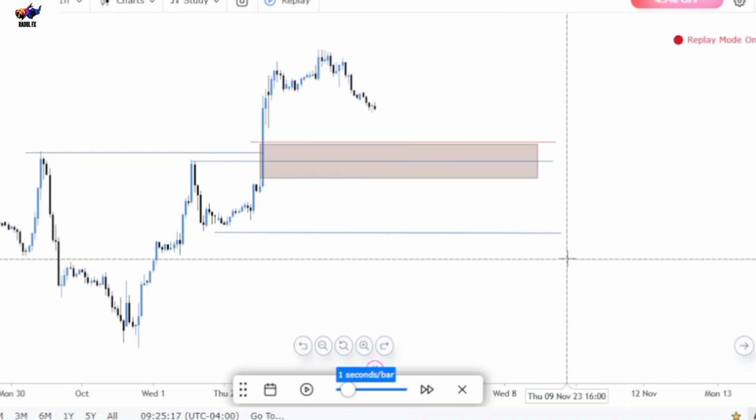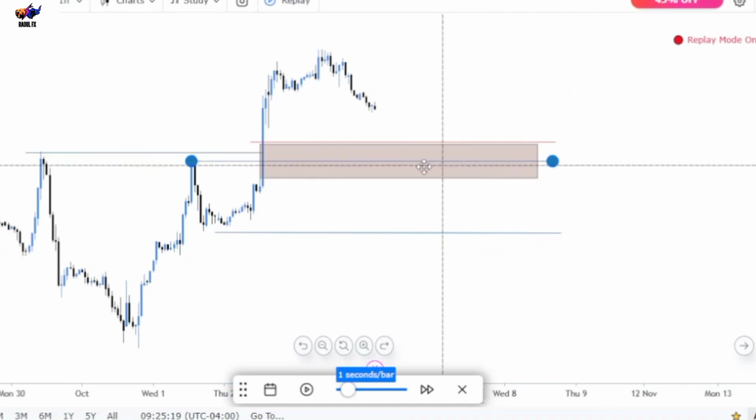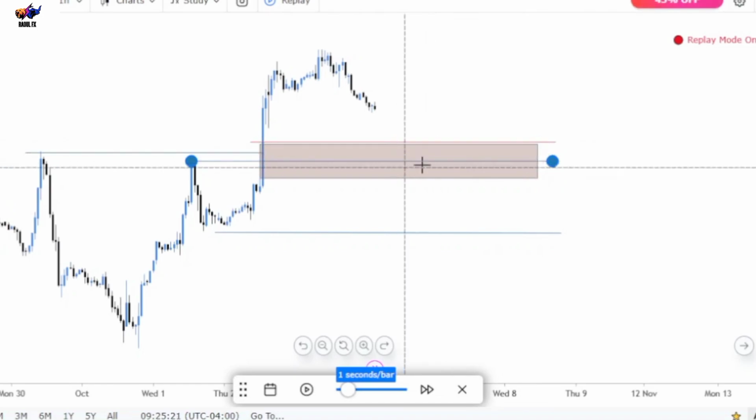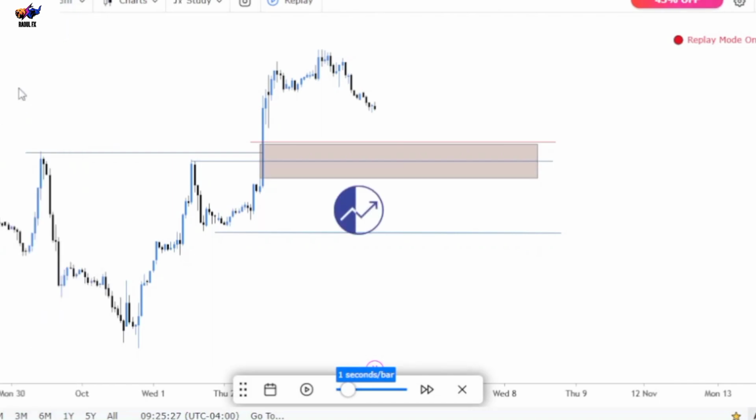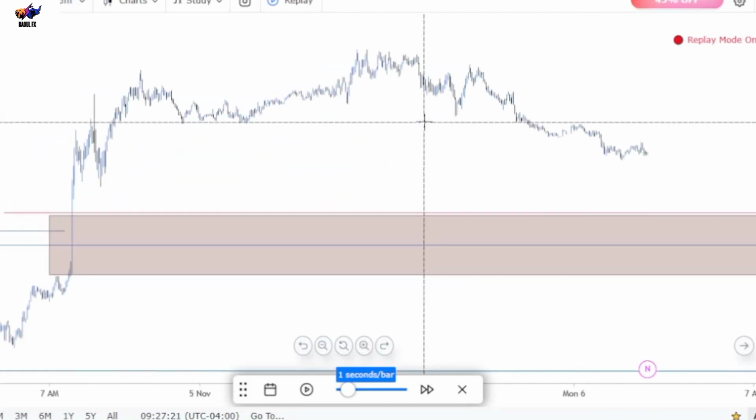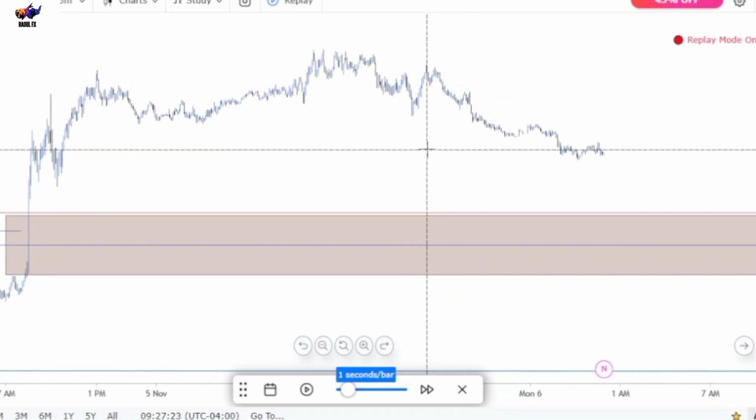So when we drop to the 5 minute, what we want to see is price get below this line and into our point of interest. So let's go into the 5 minute and see what we get. Into the 5 minute, this is where we are.